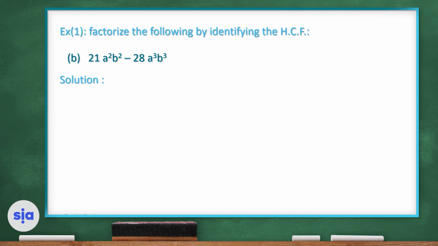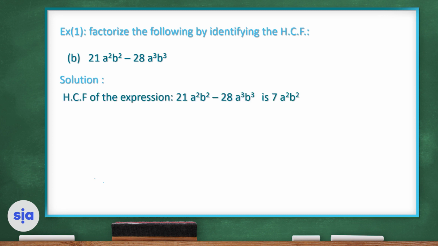Next question. Let's factorize the following by identifying the HCF. The HCF of 21 and 28 is 7. For a squared and a power 3, the highest common factor is a squared. For b squared and b power 3, the highest common factor is b squared.